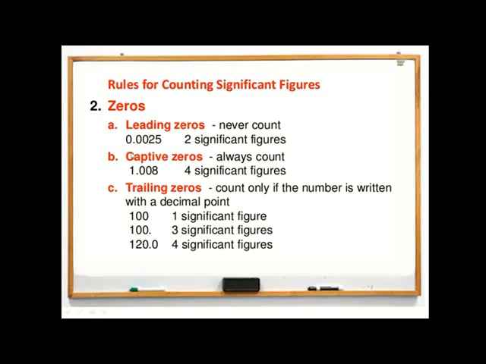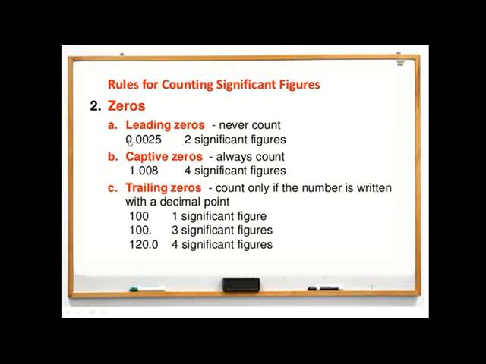They are never counted. Captive zeros, the zeros that come in the middle of numbers, always count; they are significant. And trailing zeros, the zeros after the numbers, count only if they are written with a decimal point. If there is a decimal point, then we have to count those trailing zeros, otherwise we do not count them.